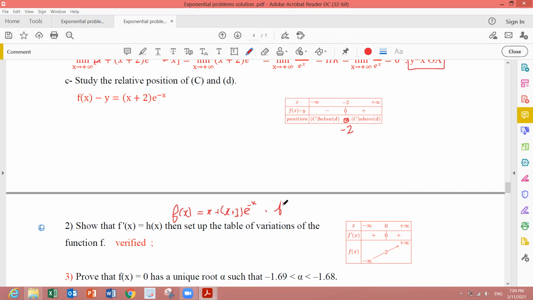F prime of x equals 1 plus, using u prime v, e to the minus x, minus e to the minus x into (x plus 2), equals 1 plus e to the minus x times (minus x minus 1), equals h(x).